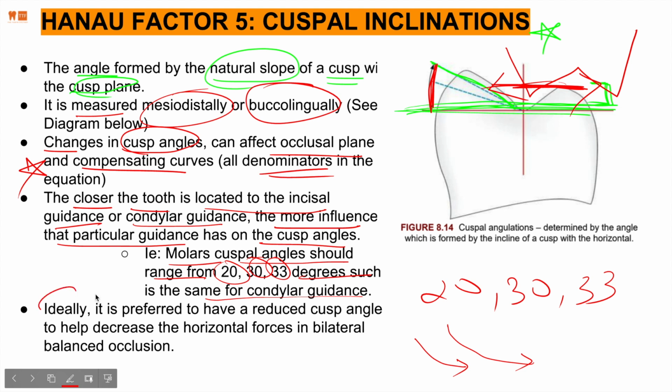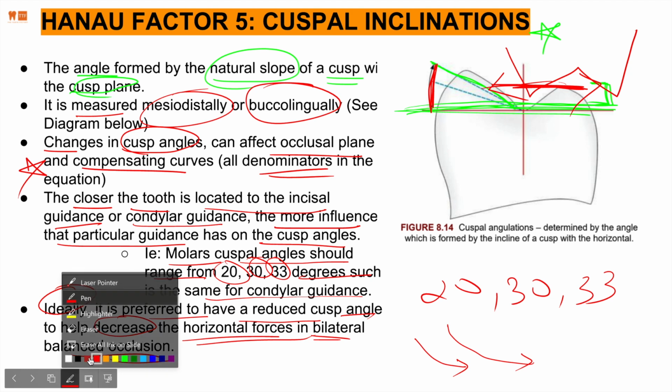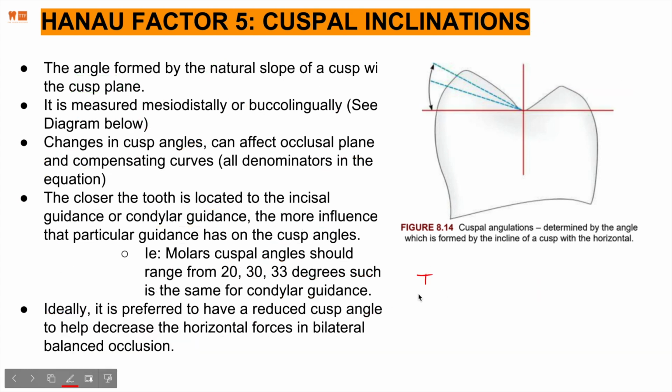Okay. Ideally speaking, it is preferred to have a reduced cusp angle to help a better horizontal in balanced occlusion. So, just like the incisal guidance, just like the compensatory curves, just like the occlusal plane, the cuspal inclinations should also be shallow.